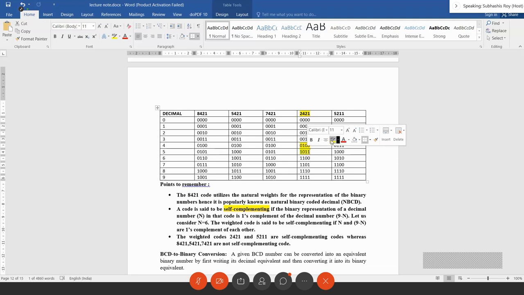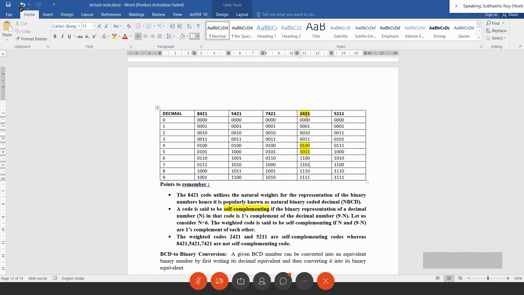So the combination of 4 is 0100, and the combination of 5 is 1011. From these two combinations you need to decide whether these two are complements of each other. If the answer is yes, then this coding system, 2421, is a self complementing code, meaning it is complementing itself.